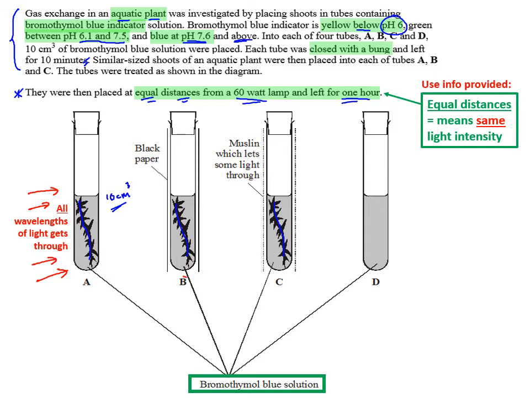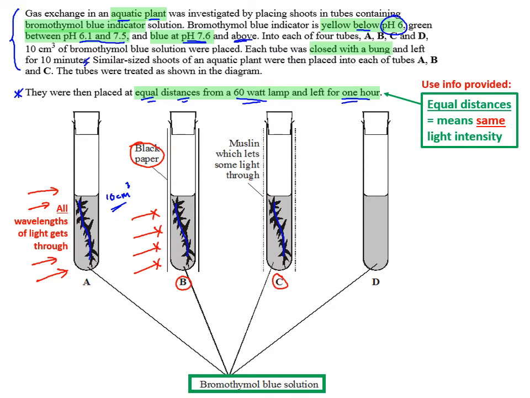Now the second tube, B, it says black paper has been placed around the tube. Now we know black filter paper absorbs all wavelengths of the visible spectrum. So when this light is shone at the same light intensity onto tube B, we know all the different colours of light are actually being absorbed by the black filter paper. So no wavelengths of light are actually hitting the photosynthetic pigments inside the chloroplasts of this aquatic plant.